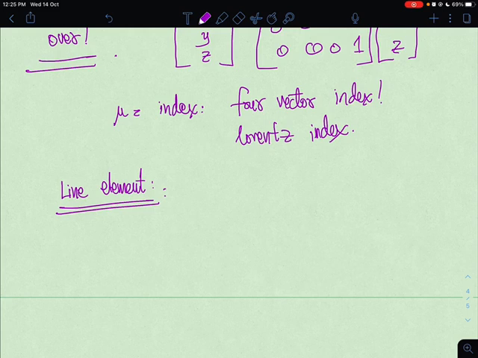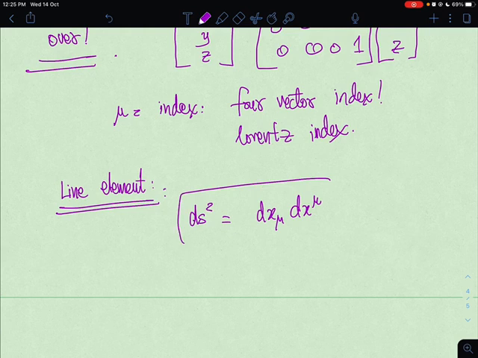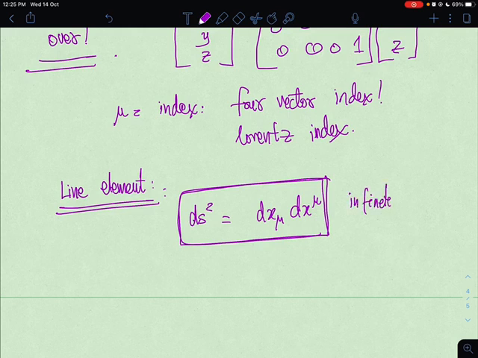So the line element is defined as ds square is equal to dx mu dx mu. So it's an infinitesimal point around x mu and another infinitesimal distance, infinitesimal length of a vector.